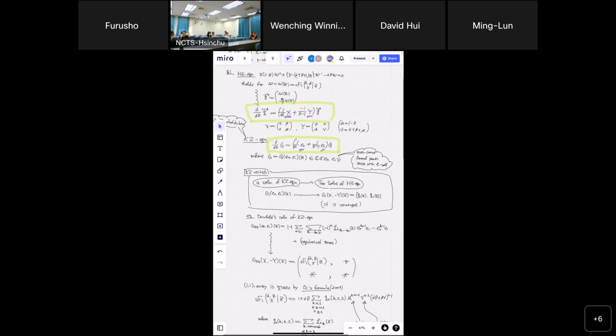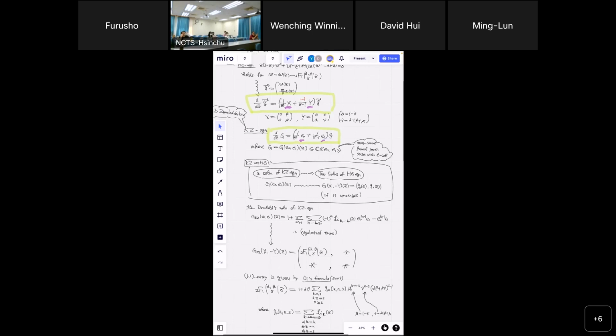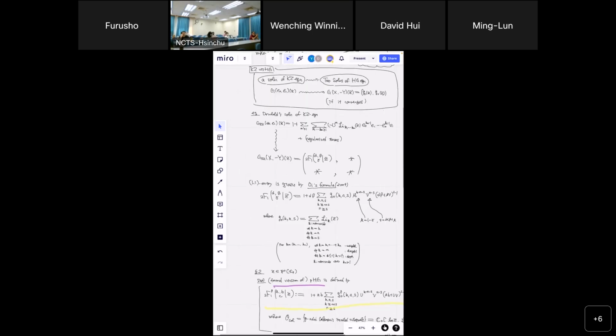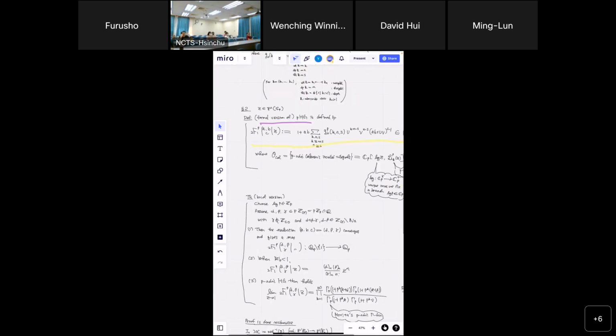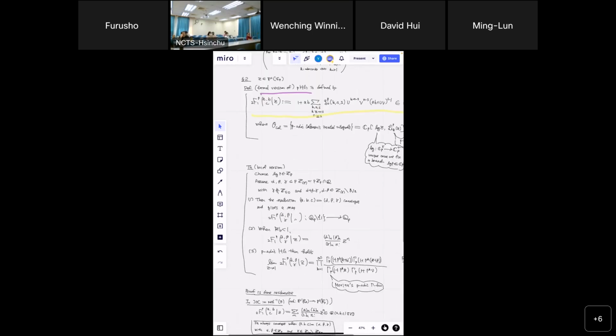If you change the branch of your logarithm, how do your solutions change? For example, does your p-adic hypergeometric function depend on your branch of p-adic logarithm choice? That's right.